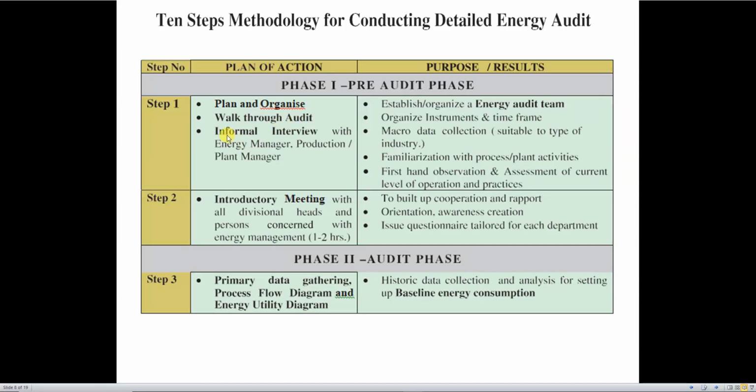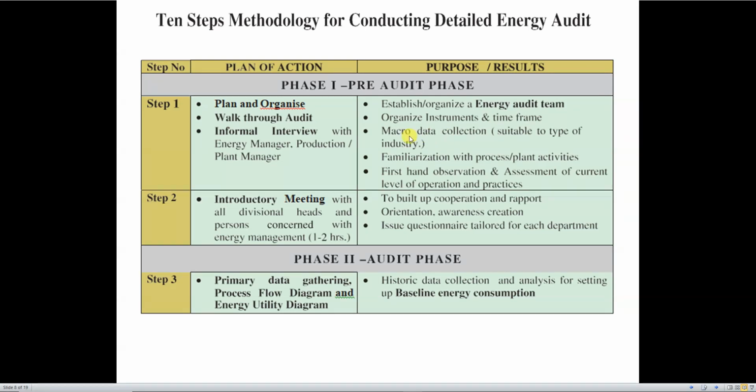And last in step 1, the last action is an informal interview with the energy manager, production or plant manager. Now this is very important. By completing this step, we can gather a lot of macro data.